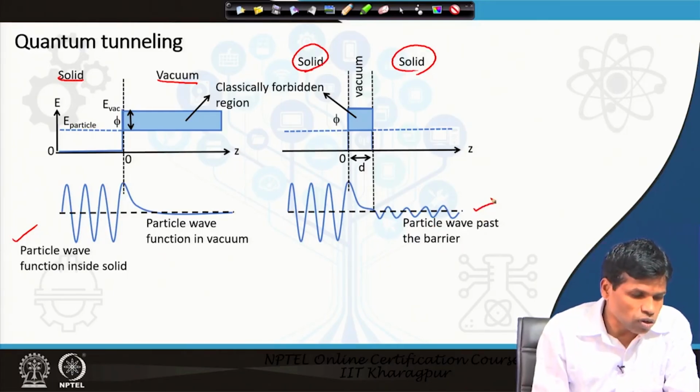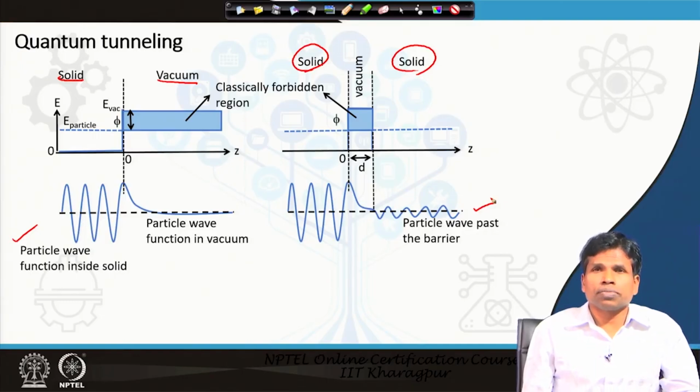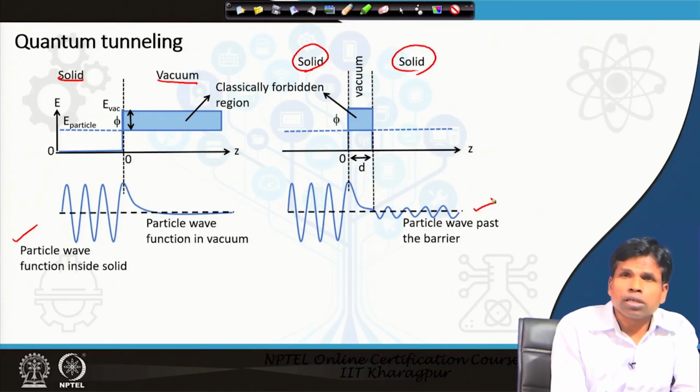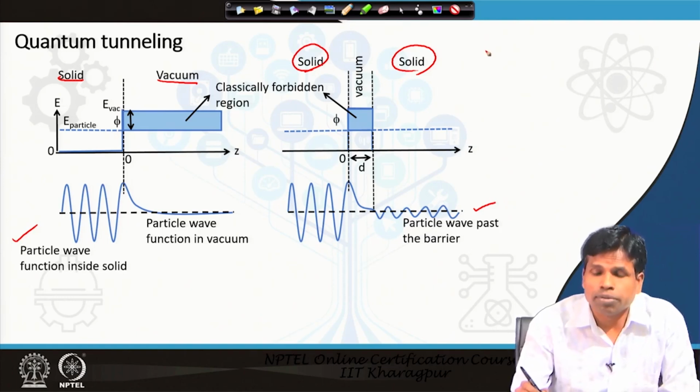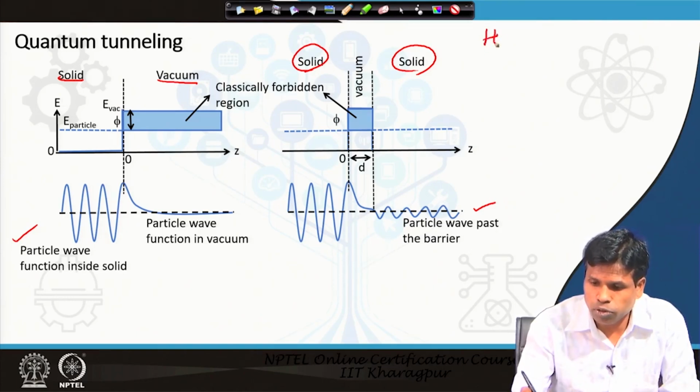Now, as we know, in quantum mechanics particles can be represented by the wave function psi. I can write the time independent Schrodinger equation, a simple equation we know, H psi equals E psi.